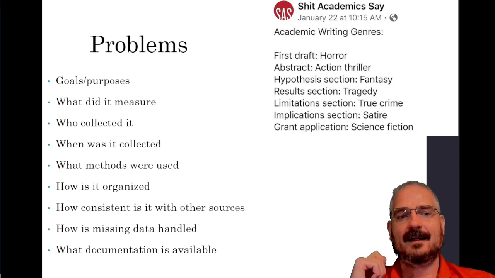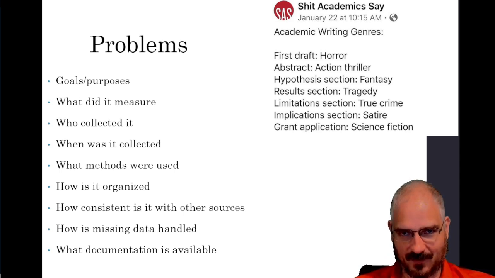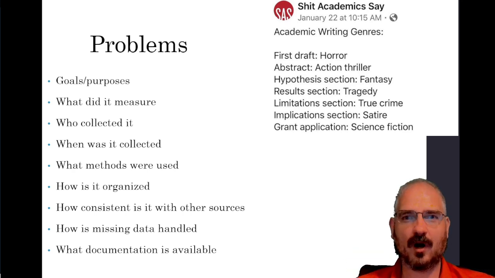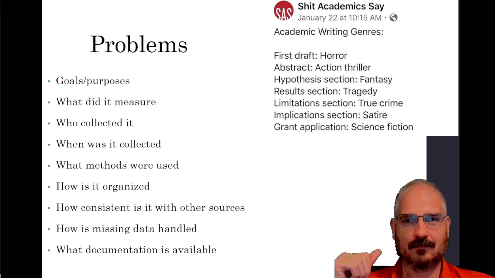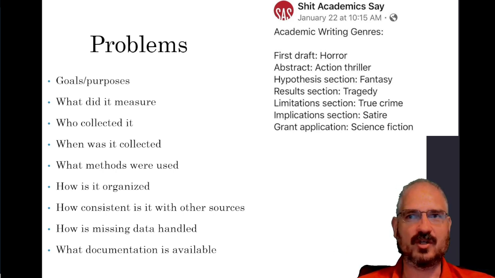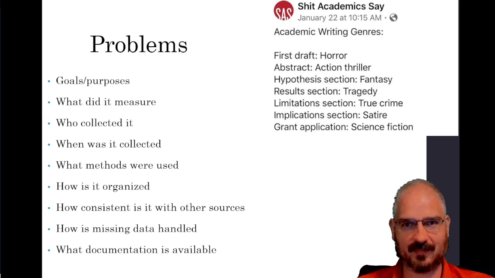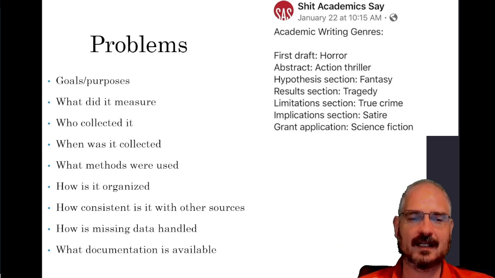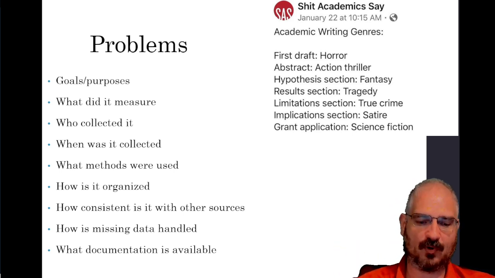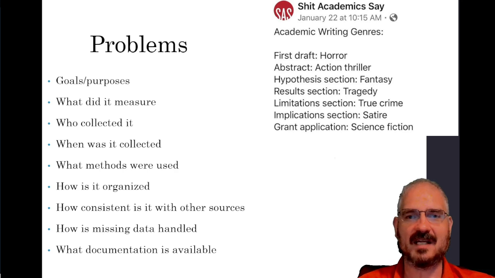Now, there are some issues involved with using secondary data, right? Because you weren't the one that gathered that data. You weren't the one that compiled all that information. The FBI's Uniform Crime Report, you didn't call all those different police agencies and say, hey, how many of this crime did you have reported? How many of that crime did you have reported? And their process might not meet your standards.